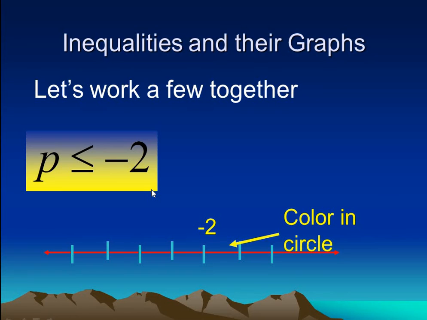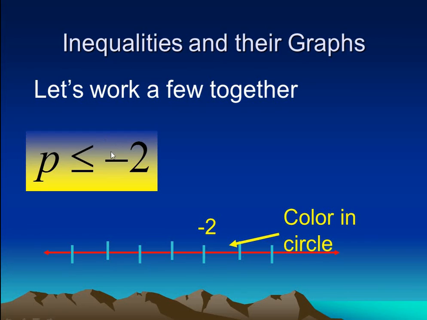So to find the solution, I have to graph. I cannot solve it using numbers alone. Here I have to graph the solution using the x-axis. So I will mark -2, and I will say that the solution is all of the numbers that are less than or equal to -2.